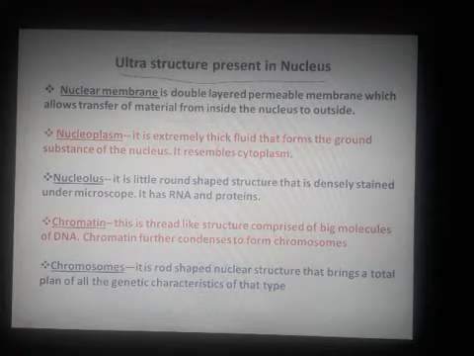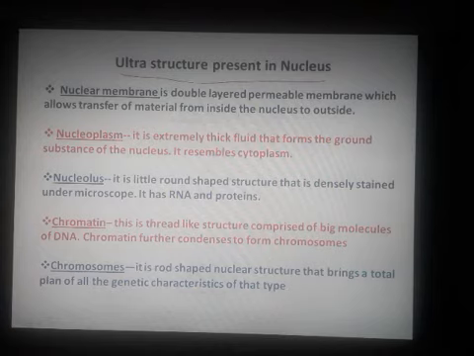Nucleoplasm is a thick liquid like cytoplasm that helps in all the reactions that take place in the nucleus. The nucleolus, as I showed you, is a round structure, densely stained when you see it under a microscope, and here RNA is formed. Chromatin is a thread-like structure made of big molecules of DNA, and it condenses to form chromosomes. Chromosomes, as you have seen, are a little bit rod-like structures. They pass all genetic information from one generation to the next.